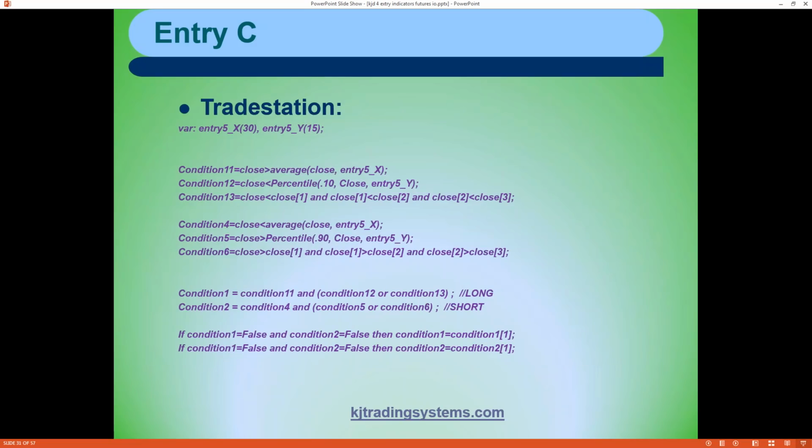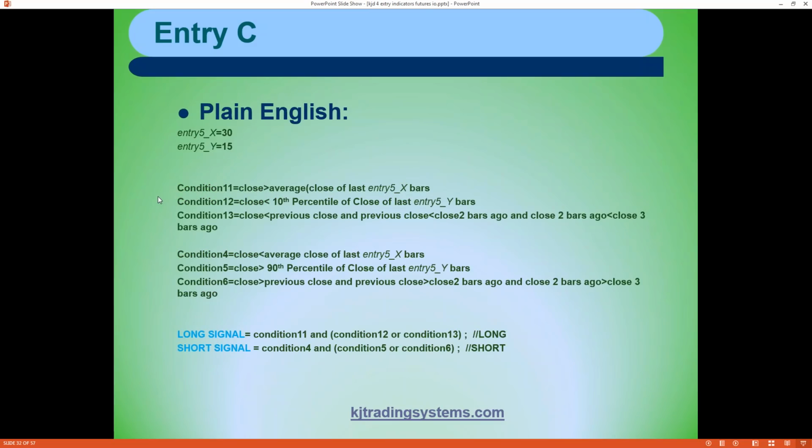So there's the code for TradeStation. It looks a lot more complicated, and it indeed is. Plain English, basically you have some conditions. First, you're saying if the close is greater than the close of the last 30 bars, that's true or false, right? Then, is the close below the 10th percentile of close in the last 15 bars?